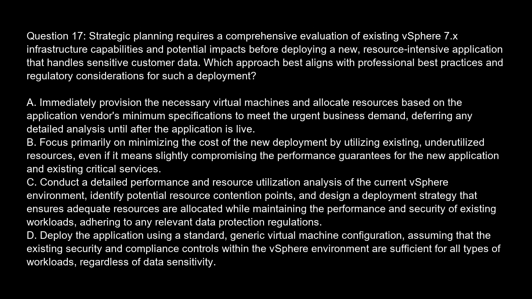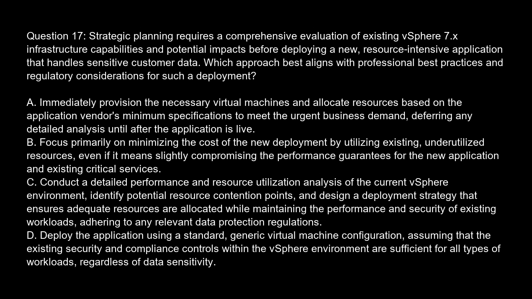Option B. Focus primarily on minimizing the cost of the new deployment by utilizing existing, underutilized resources, even if it means slightly compromising the performance guarantees for the new application and existing critical services. Option C. Conduct a detailed performance and resource utilization analysis of the current vSphere environment, identify potential resource contention points, and design a deployment strategy that ensures adequate resources are allocated while maintaining the performance and security of existing workloads, adhering to any relevant data protection regulations.